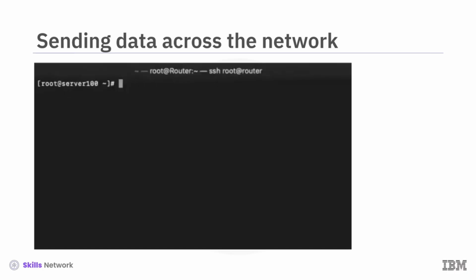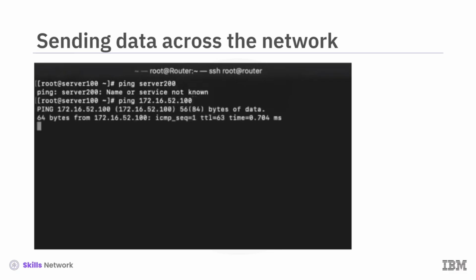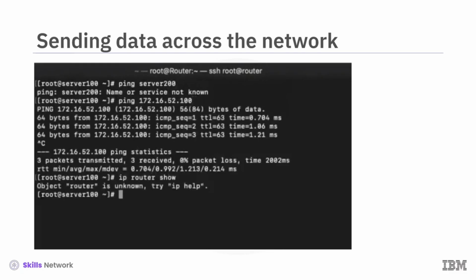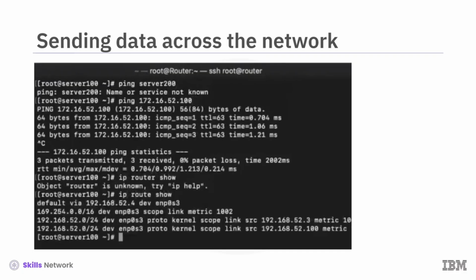Now, let's say you want to ping server 200 from server 100, where the service is not known, which means you don't have DNS translation enabled. The IP address of server 200 is 172.16.52.100.